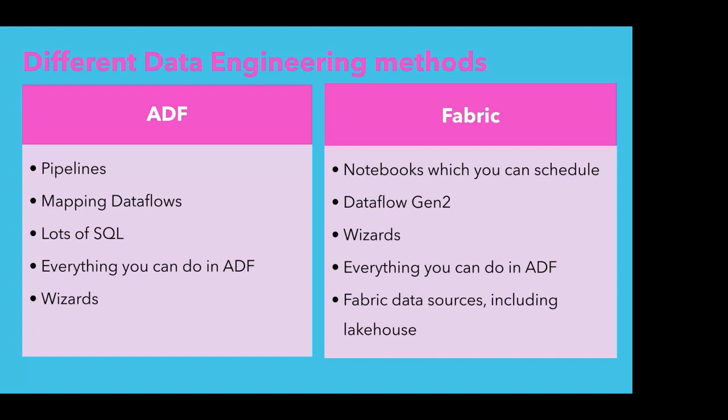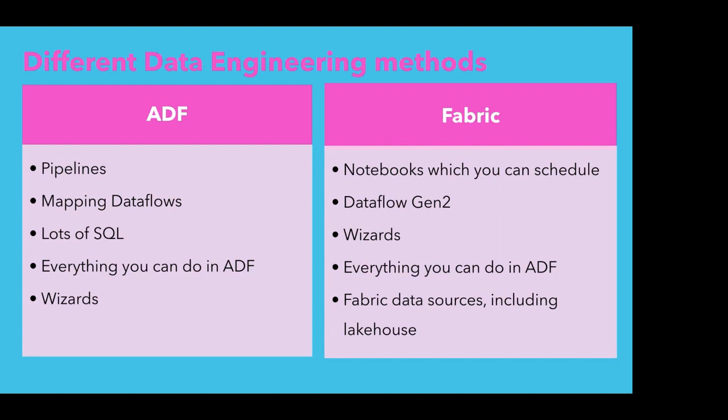Another thing that Fabric added inside of ADF that is not in the outside-of-Fabric version is something called Dataflow Gen 2. And Dataflow Gen 2 is really just Power BI. The Power Query part of it has been implemented for Dataflows Gen 2.